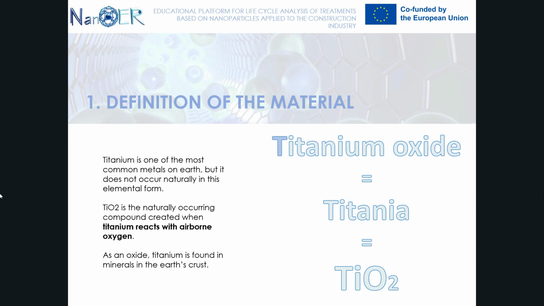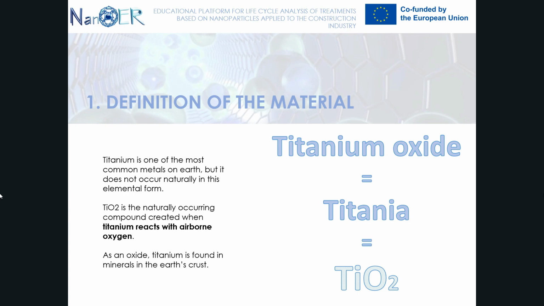Titanium is one of the most common metals on Earth, but it does not occur naturally in elemental form. TiO2, also known as titanium oxide or titania, is the naturally occurring compound created when titanium reacts with airborne oxygen. As an oxide, titanium is found in minerals in the Earth's crust.